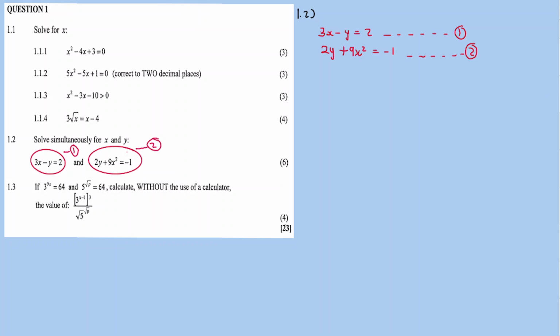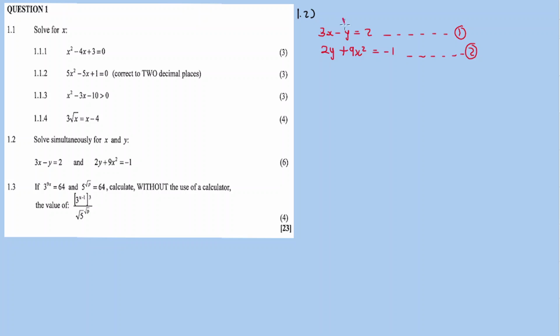Right? Now, ngifuna ukusolve or to produce a third equation so that ngizoyi substitute in one of the two equations, meaning that ngifuna ukwenza x or y the subject of the formula, and then ngiyenze substitute in one of the two equations.